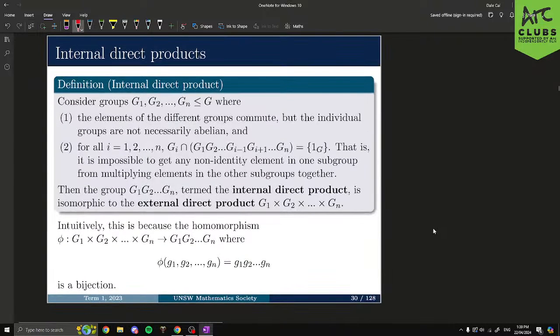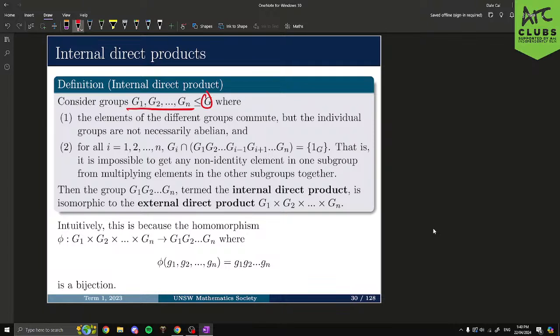Okay, so what's an internal direct product then? We've talked about external ones, what's an internal one? For a product to be internal, we need some conditions to hold first. So first, let's say that all of the groups that we're interested in are subgroups of a bigger group G. And we need 2 conditions. The first condition is that elements between the groups commute.